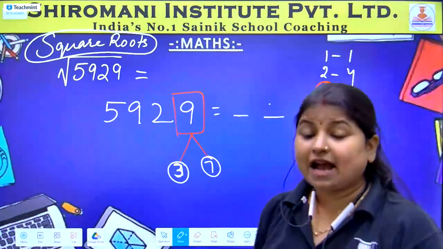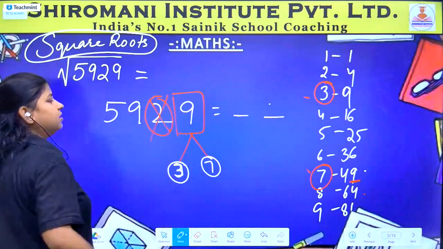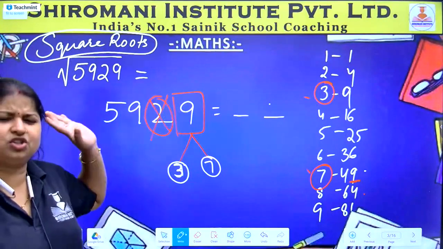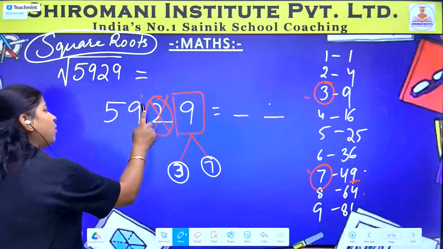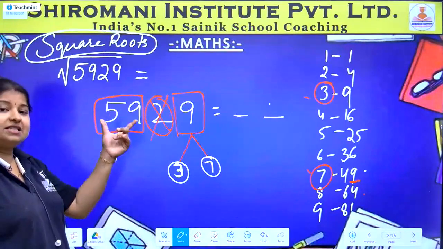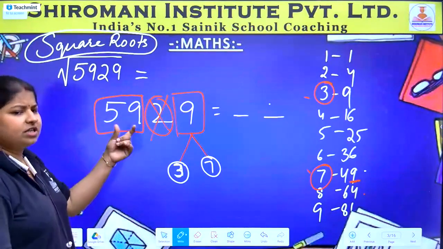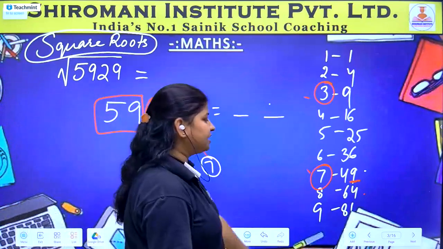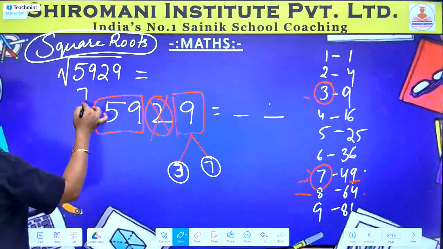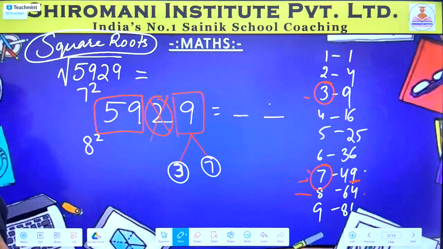Now coming to the first part. Cut the tens place digit, remove one digit. And then whatever digit is left, see which two square numbers it comes between. 59 is between 7 ka square, that is 49, and 8 ka square, that is 64.